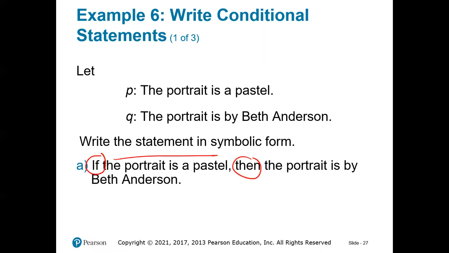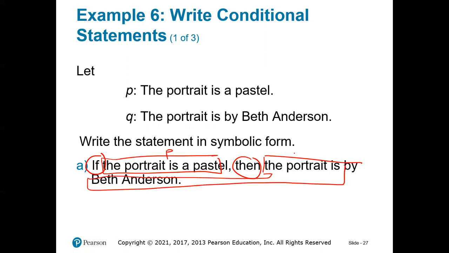So this is the statement P, and the portrait is by Beth Anderson is your Q. So we're going to say P arrow Q. That's how you symbolically represent this statement. Whenever you read something with if, then, that becomes a conditional.